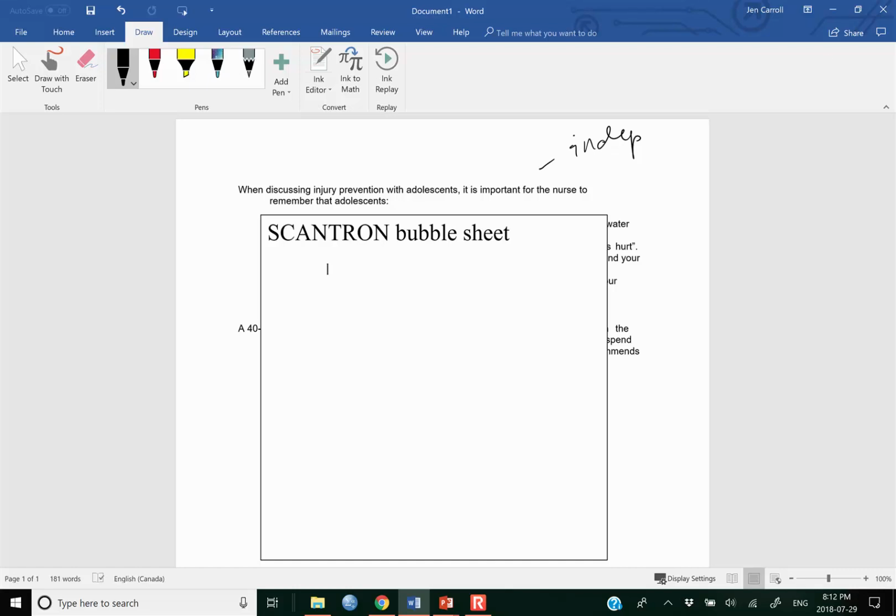So I might write plus independent. They are impulsive. Of course, these are broad, far-reaching statements, on average for all adolescents, and may or may not be characteristic of particular adolescents.